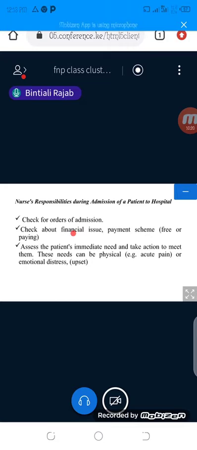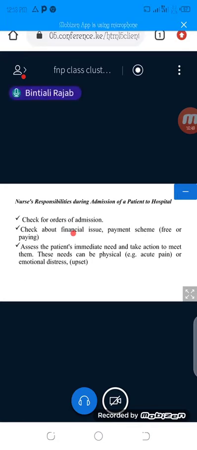You can manage the immediate problems of the patient and then transfer or refer the patient to another facility, or a government facility. If you're in a private facility and government facilities are free, then you can refer the patient to a government facility after you have managed the immediate problems of the patient. You want to assess the patient's immediate need and take action to meet them.